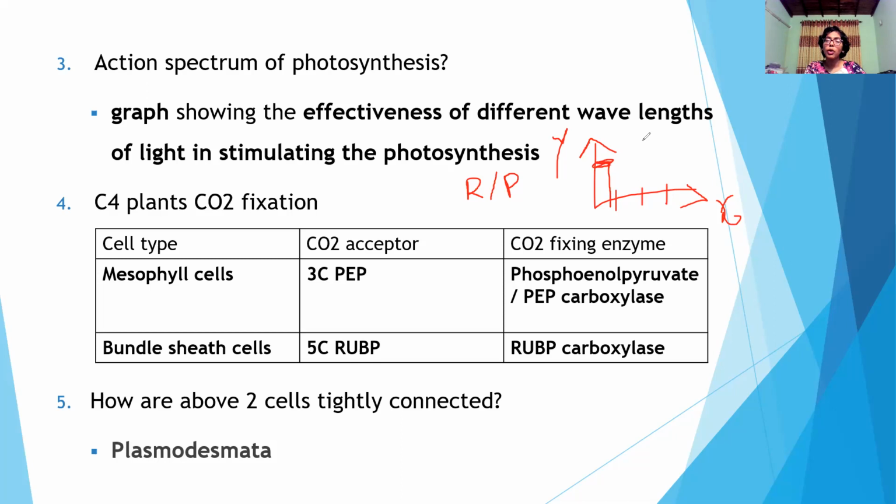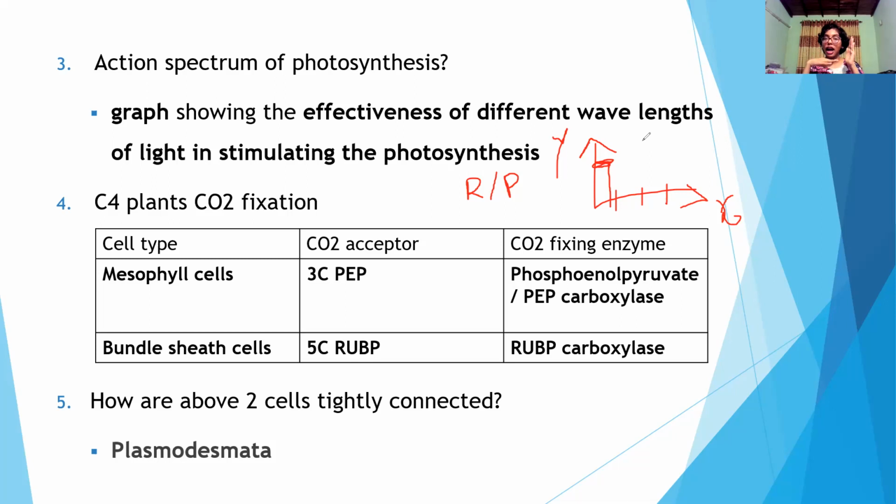So in the x-axis we have different wavelengths of sunlight, and in the y-axis we have the rate of photosynthesis. In each wavelength, we see how the rate of photosynthesis varies.